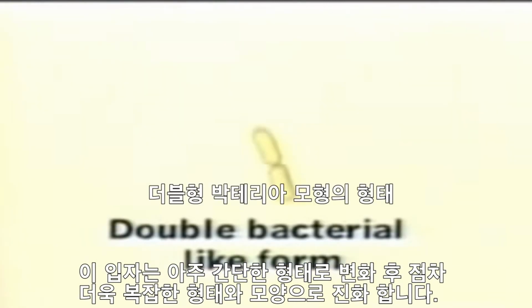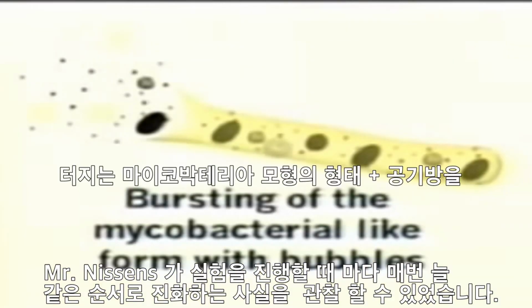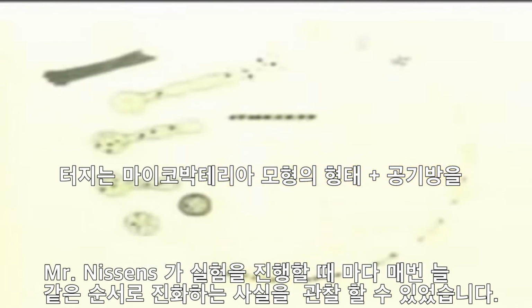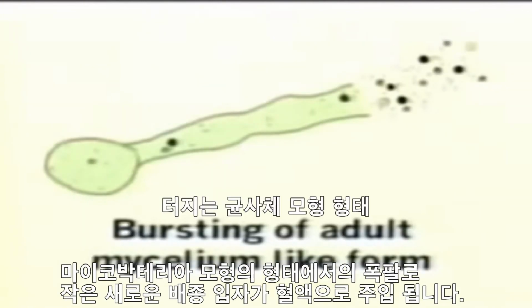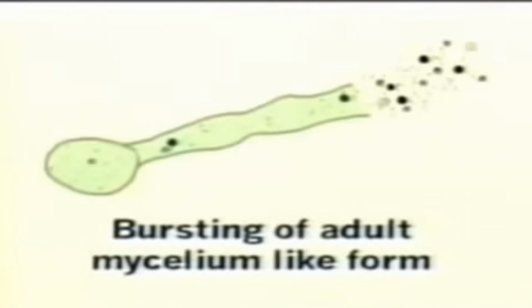This was very revealing to Mr. Naissance: every time he started the experiment, the forms always came in the same pattern. The bursting of the mycobacterial form brings new little particles into the environment for the first time. Again, at phase 16, the mycelium form, we see another phase that we call a bursting.